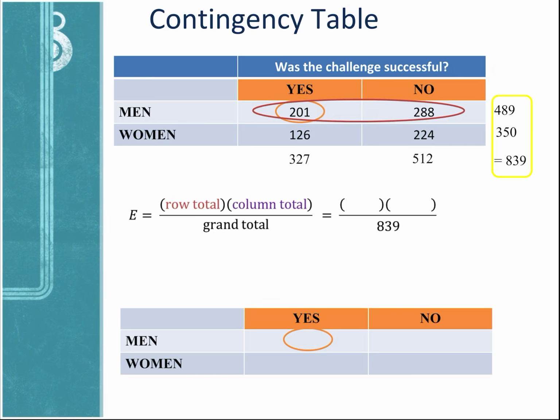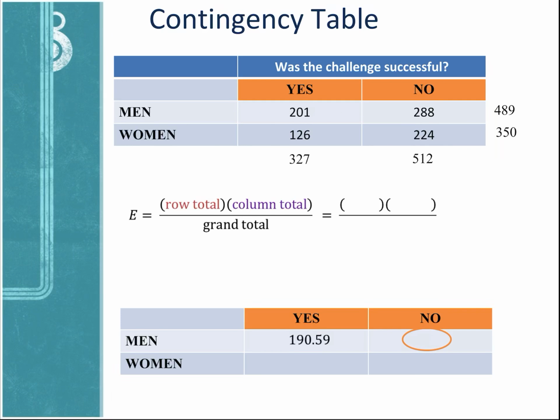The row total would be 201 plus 288, which we already found is 489. The column total for column 1 would be 201 plus 126, which we already found is 327. So since that upper left cell is in row 1, column 1, we multiply those totals together, 489 times 327, and divide by the grand total, 839. And our first expected value for the men in the yeses would be 190.59.